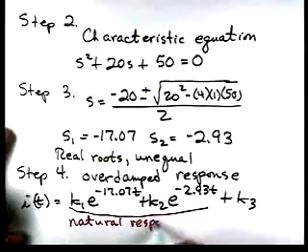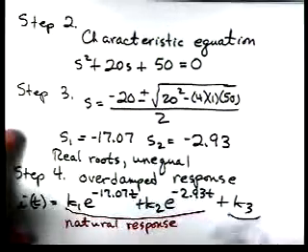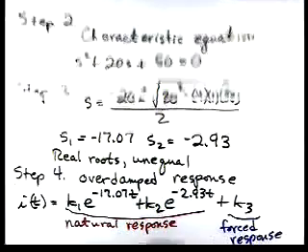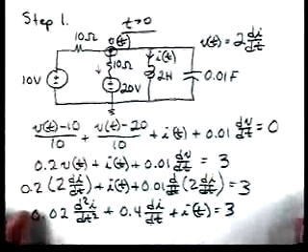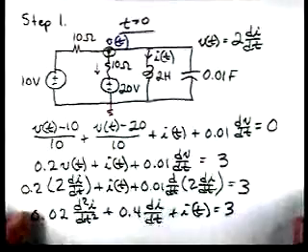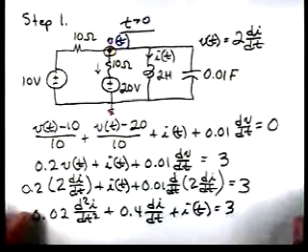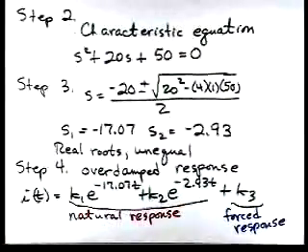This is determined by the characteristic equation. This K3 is our forced response. That's because if we look at our circuit for t greater than 0, we notice there are going to be sources left in that circuit, and as a result, we'll have some value of DC current flowing at the end, and that's going to be the K3 term.